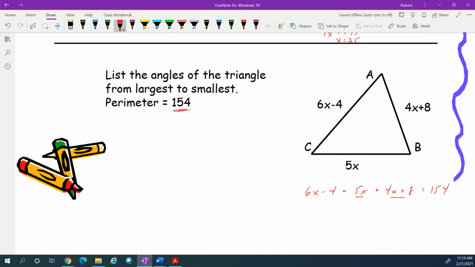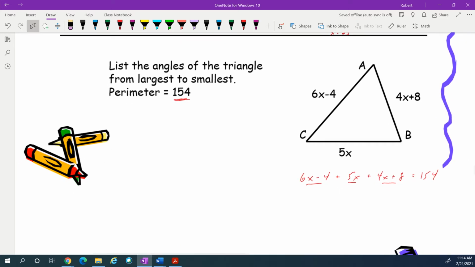So again, we're adding the three sides to get the perimeter. Let's see what we have. We have 15x plus 4 equals 154. 15x equals 150. And x equals 10.